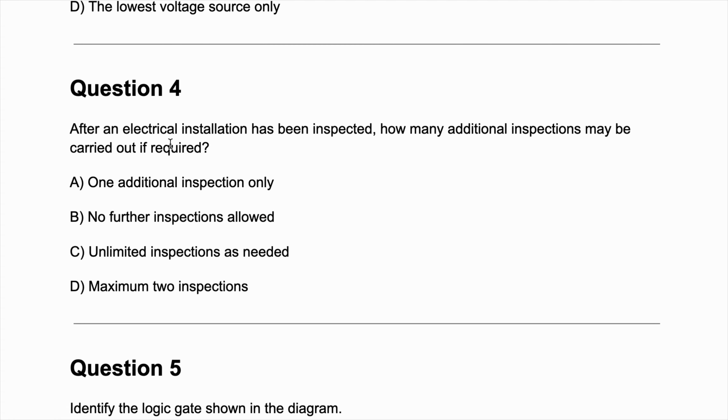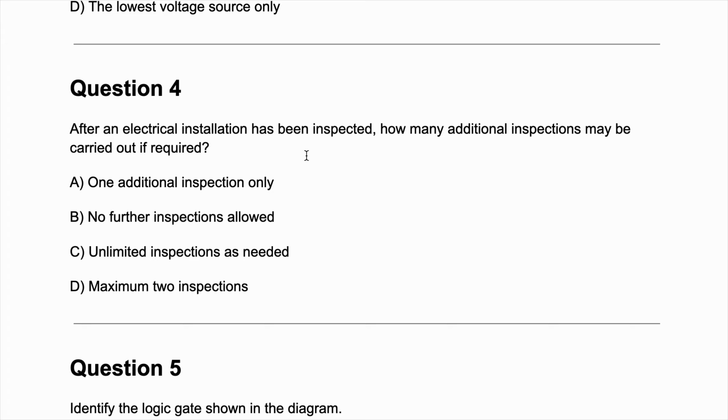Question 4. After an electrical installation has been inspected, how many additional inspections may be carried out if required? So we have construction, building something, a dwelling unit or apartment, or industrial or commercial, no different. The inspector comes and sees something that is not correct, and asks us to change it or fix it.